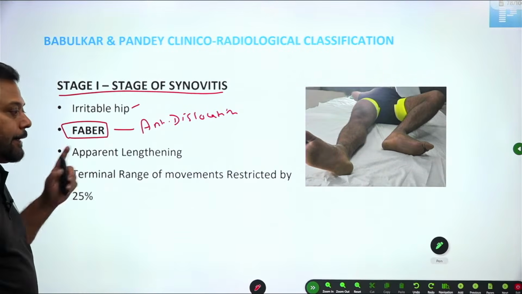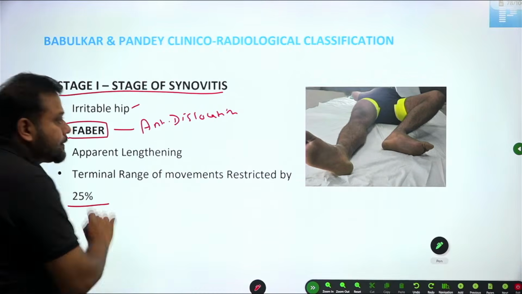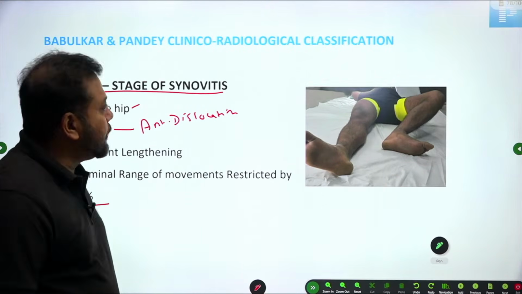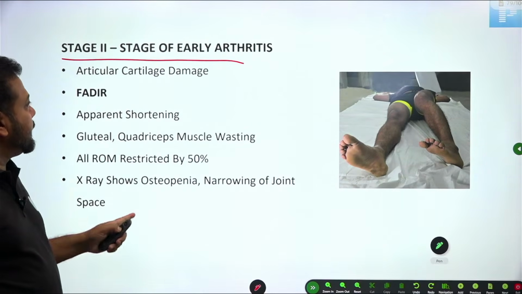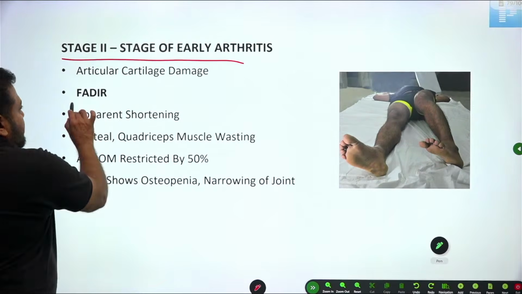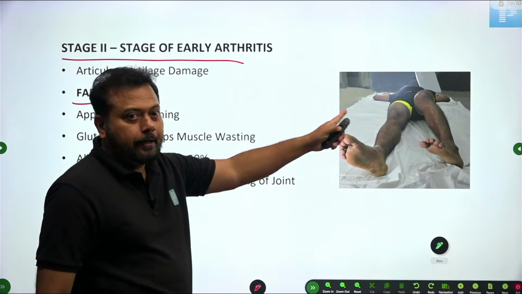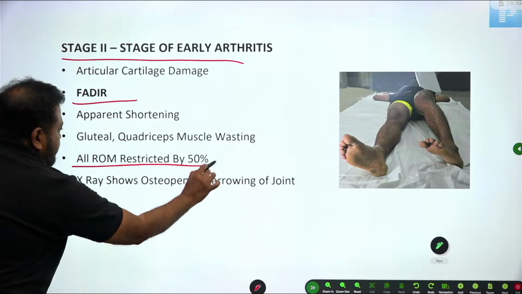There is apparent lengthening. Terminal range of movement is restricted only by 25%. Stage 2, stage of early arthritis, articular cartilage damage, and flexion, adduction, internal rotation. Range of movement is restricted only by 50%.